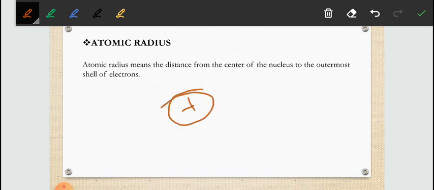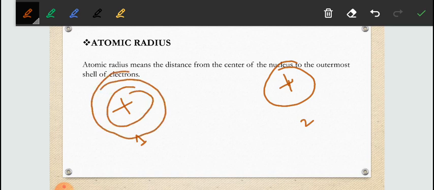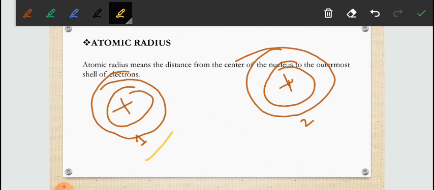If nuclear charge is more, suppose I am giving you two nuclei, one having more power and one having less power. Again I am drawing. Suppose this is the first nucleus and this is the second nucleus. There are two shells around it in both cases. Suppose in this case nuclear charge is more, and in this case nuclear charge is less.